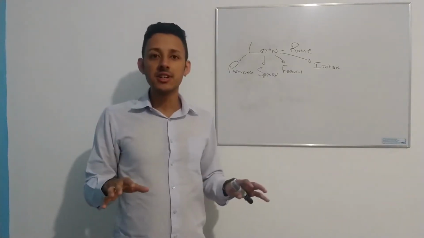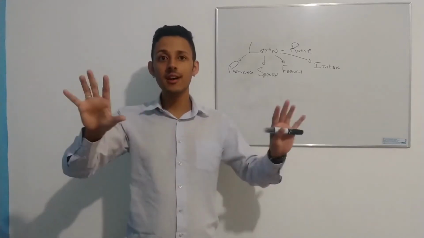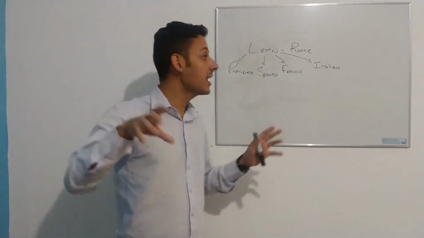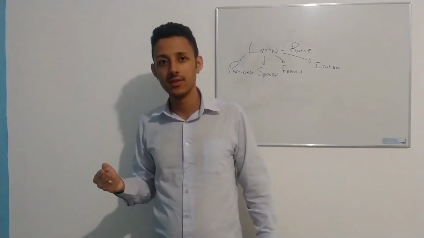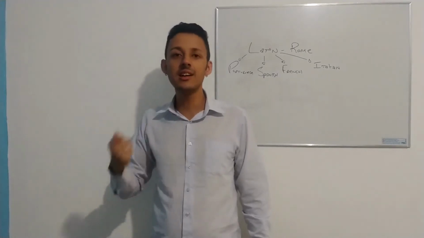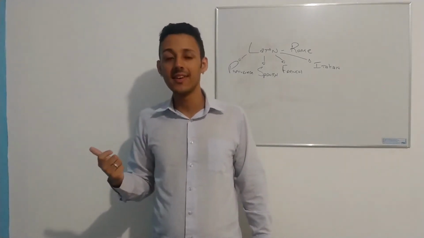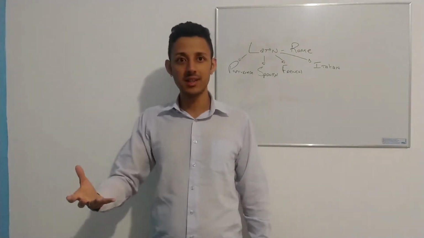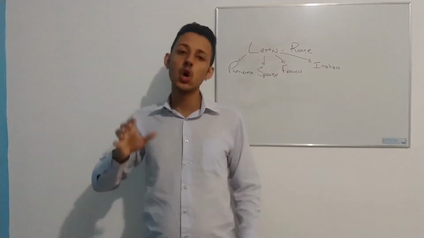Imagine the Japanese language, a very different culture. Imagine they take the Latin alphabet. It is a little complicated. Or Chinese. If they take the Latin alphabet, it is a little complicated.